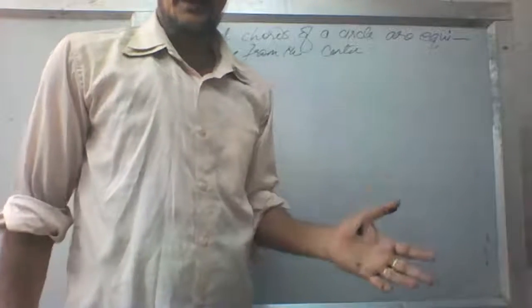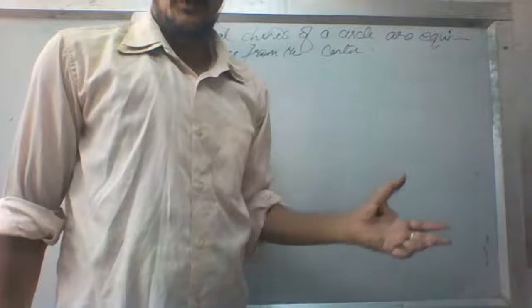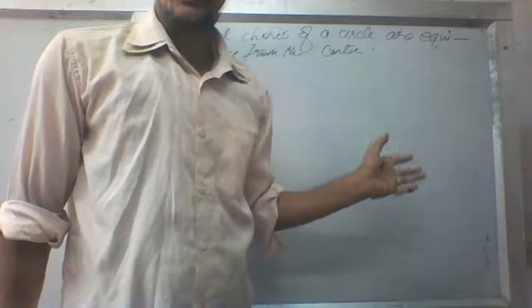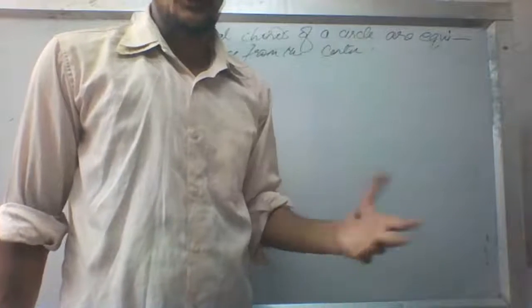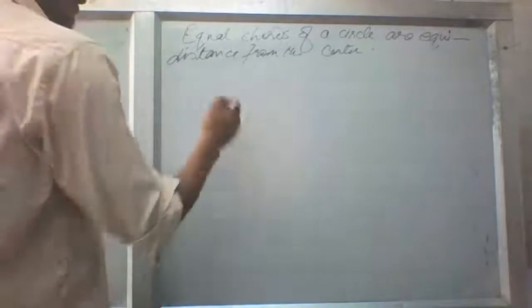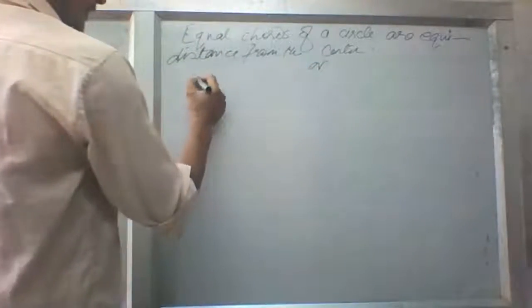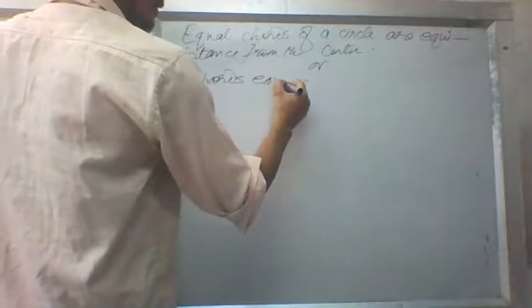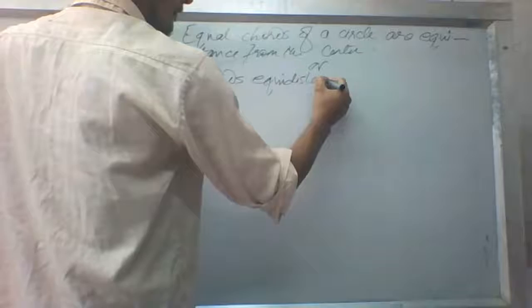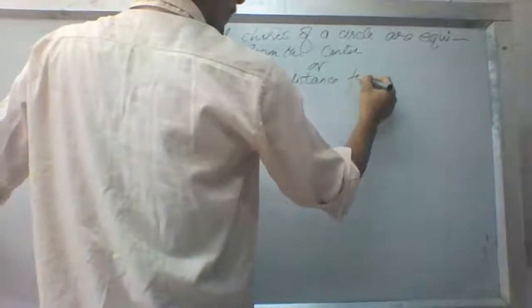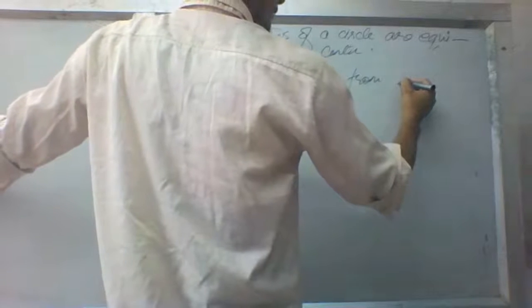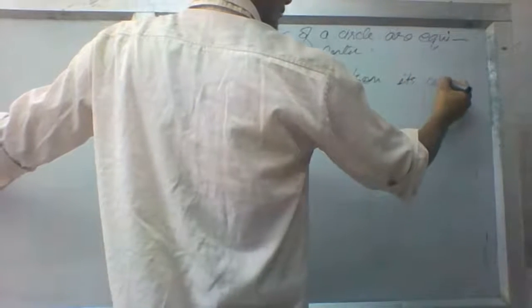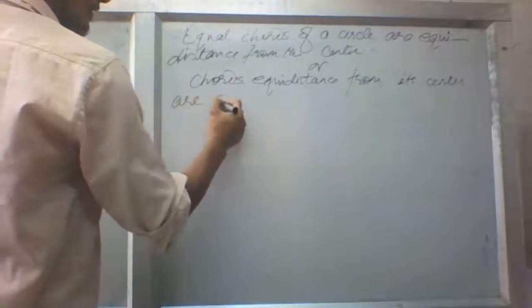Now, this theorem can also be stated as: chords equidistant from the center of a circle are equal in length. Or chords equidistant from its center are equal.